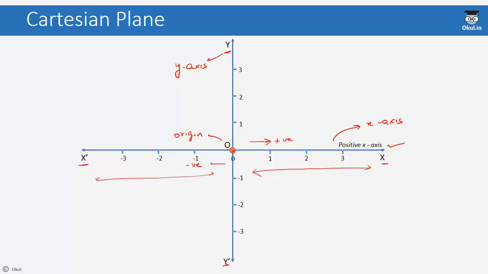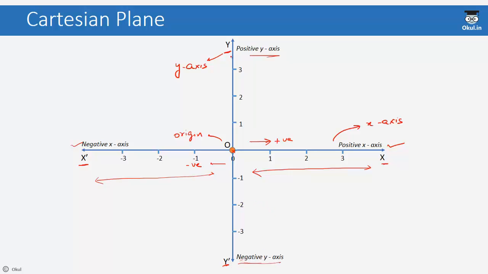So this side is known as the negative x-axis. Same is the case with the y-axis. The part of the y-axis above the origin, where all points are positive, is called the positive y-axis, and the part of the y-axis below the origin, where all the points are negative, is called the negative y-axis.